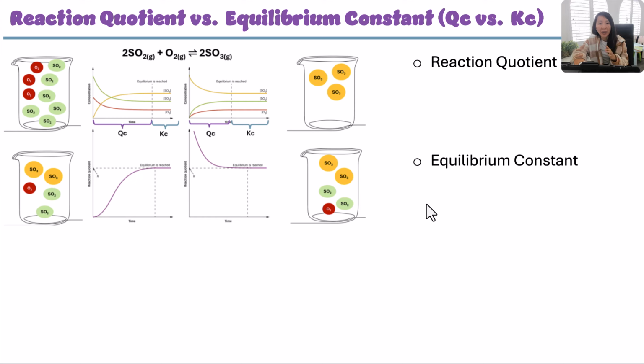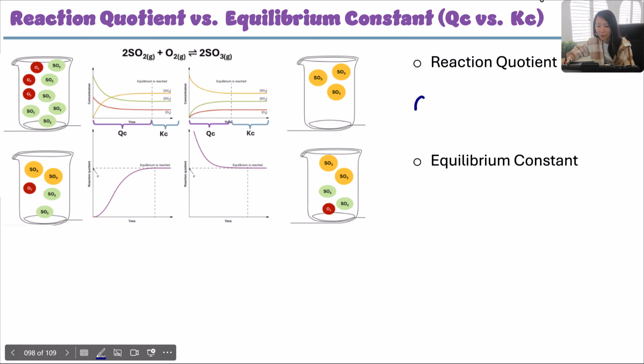So let's go ahead. What is the equation for the reaction quotient, QC, before equilibrium has occurred? The reaction quotient, QC, is equal to the concentration of the product to the second power.